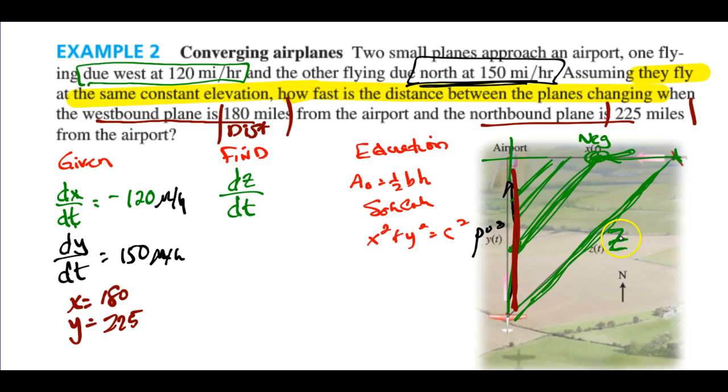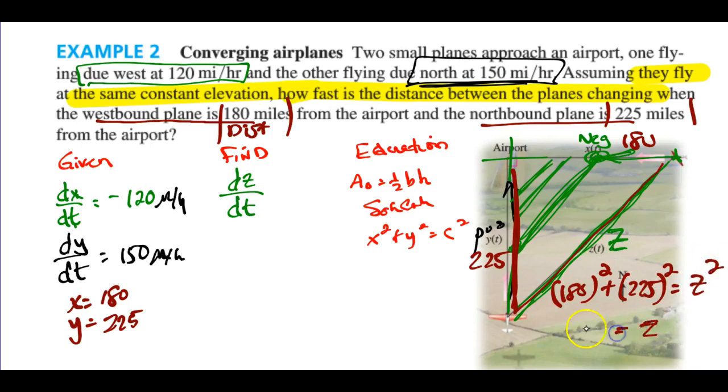But they didn't give me z. So if this is 225 and if this is 180, I can quickly find z by doing a squared plus b squared equals z squared, and solve for z, which I think turns out to be about 288.